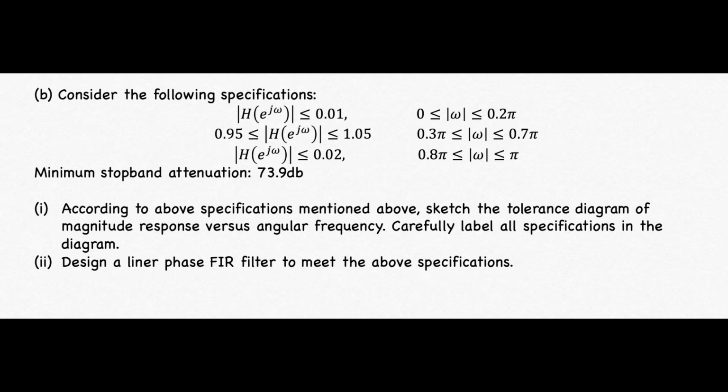We have three conditions: two conditions referring to delta S, because the values approach zero, and one condition on the passband. So there are two types of filter, which can be bandpass or bandstop.